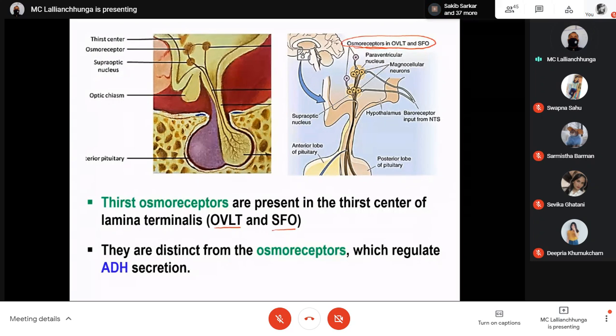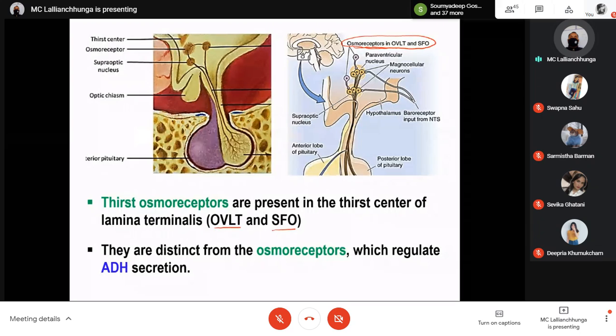Can anyone tell me what is the name of the osmoreceptors in the kidney? Can you tell? Oh, macula densa cells. That is also innervated with the nerve.